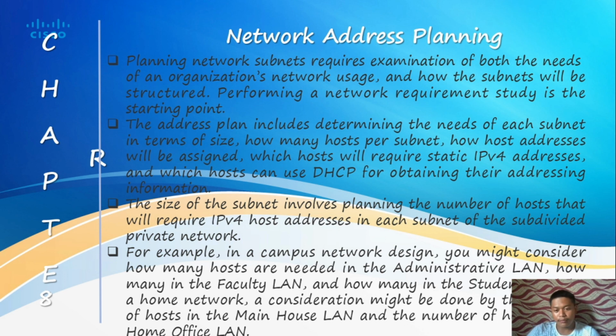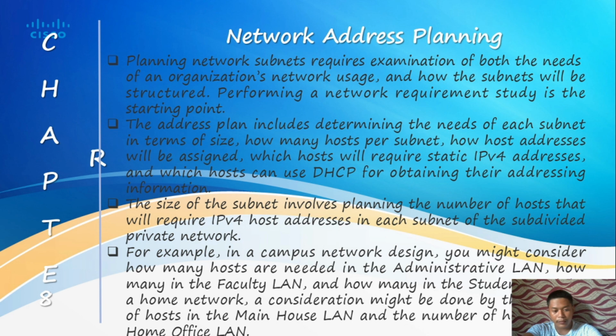The size of the subnet involves planning the number of hosts that will require IPv4 host addresses in each subnet of the subdivided private network. For example, in a campus network design, you might consider how many hosts are needed in the administrative LAN, how many in the faculty LAN, and how many in the student LAN.